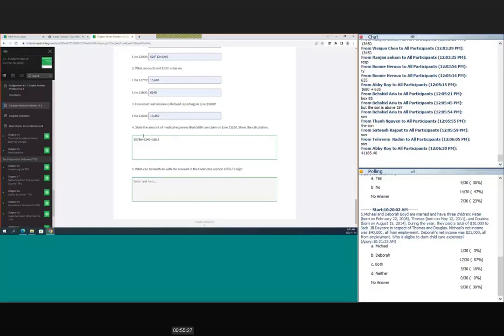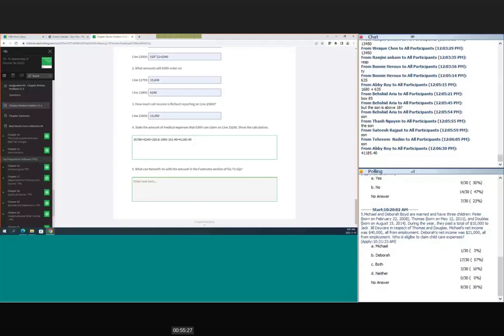Then we need to subtract $1,000. For her, she had her RPP, and then we're going to subtract the CPP, her Schedule 8 CPP. So that will give us 41,185.40 for net income.